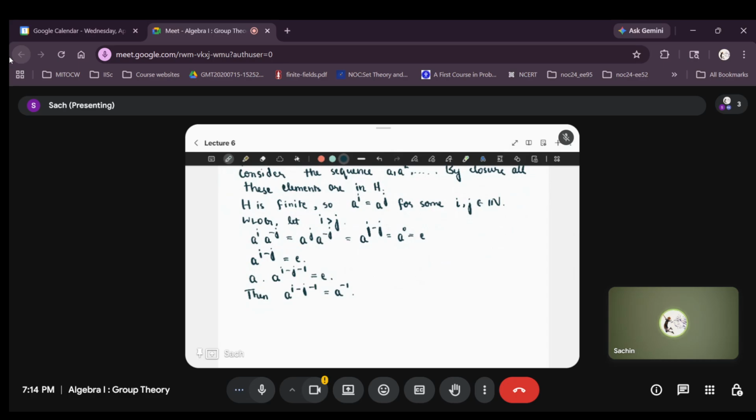Now we have to make sure that this A power I minus J minus 1 is not some trivial element. It makes sense, and it is some non-negative power of A. Because I was greater than J, I minus J is greater than or equal to 1, and I minus J minus 1 is greater than or equal to 0.